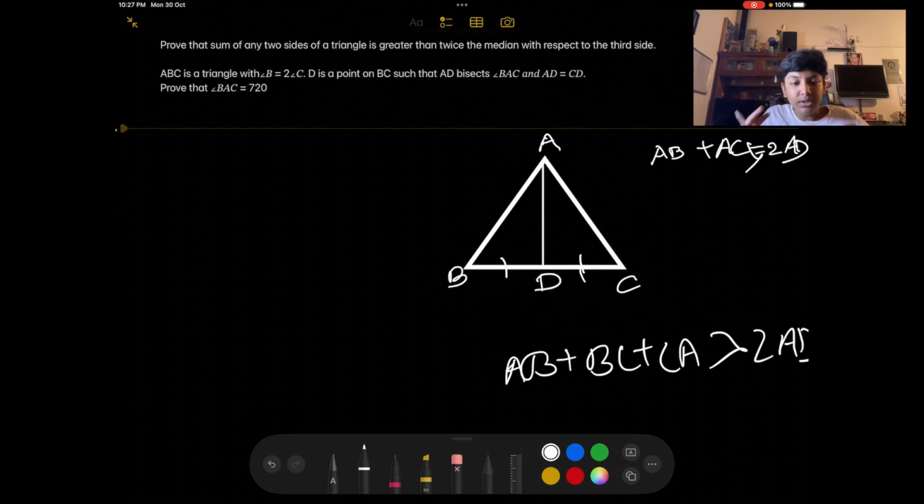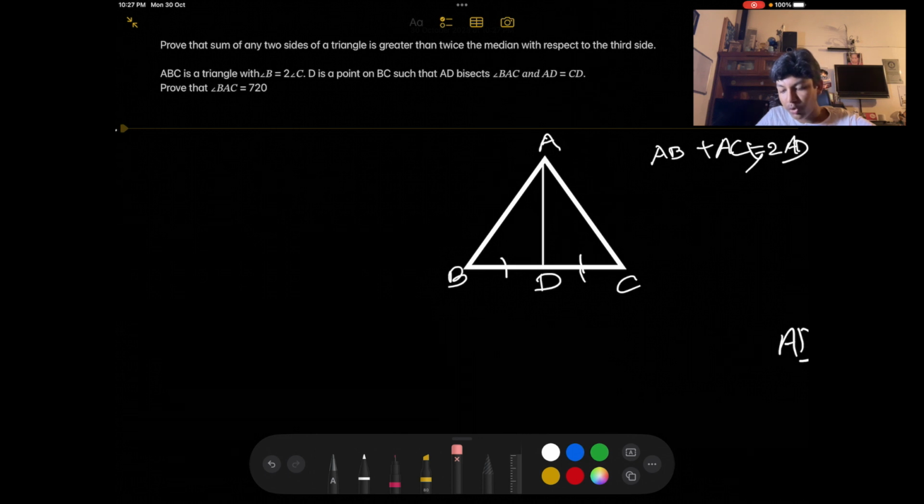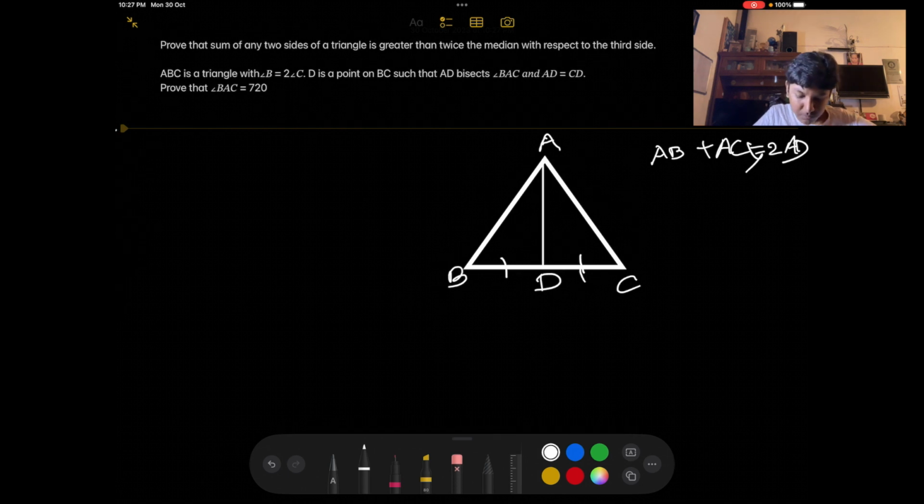But we have to show that two sides added together give us something greater than 2AD. So this won't work. What can we do?